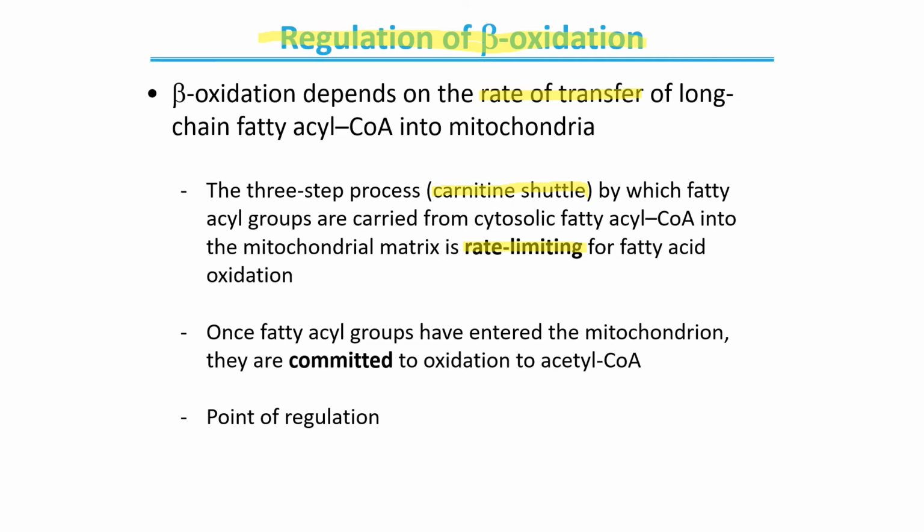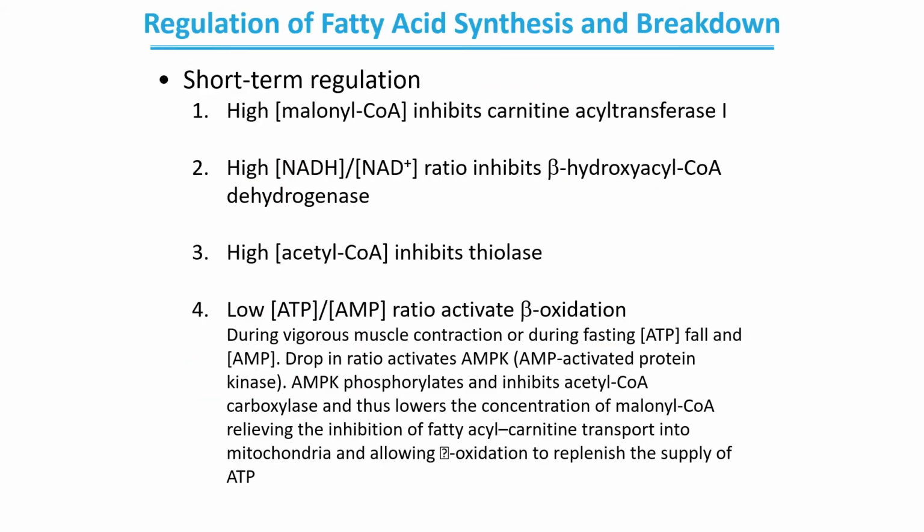And if we want to stop this pathway, we will stop this transfer, because once inside the mitochondria, these fatty acyl CoAs will be committed to beta oxidation, meaning they will always be oxidized. So this carnitine shuttle or transport process is the point of regulation. Basically, we activate or inactivate this transfer to control the whole pathway.